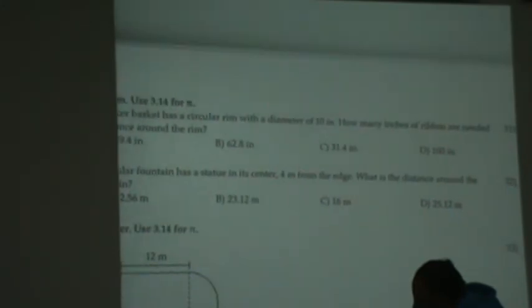Okay. Number 31. A wicker basket has a circular rim. Okay, so think about a circle with the diameter of 10. How many inches of ribbon are needed to go once around the rim? What's it called when you go around the circle? Circumference.